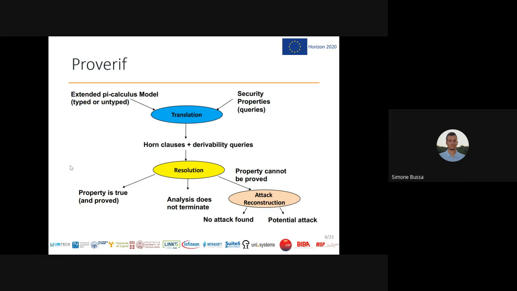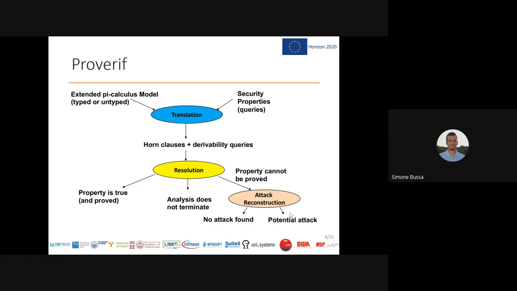Or ProVerif can return that the property cannot be proved, and in this case, ProVerif starts a state exploration to look for possible attacks. If a potential attack is found, and if it is not, of course, a false attack, then we are sure that the property doesn't hold.